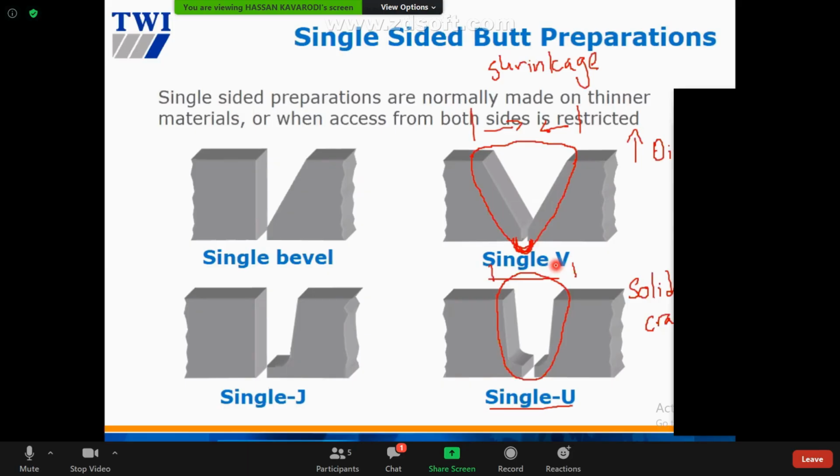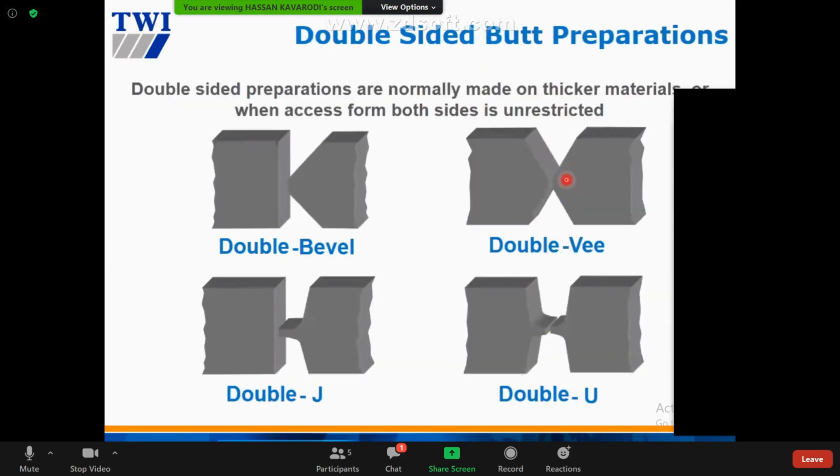But with double V, the welder can weld a few layers on the top side, then come back, grind off at the bottom, and re-weld a few layers, come back on the top, weld a few more layers until completed, then weld again at the bottom until completed. The easiest way to weld is double V, because the welder doesn't care about the root penetration, because he's going to grind it off and re-weld again. So that's why double V is easy to weld.